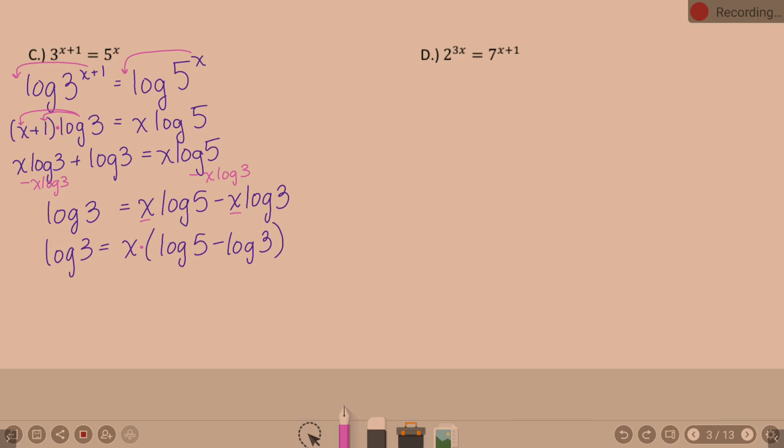If it's x times something, how do you get x by itself? Divide by something, right? The opposite of multiplying by something is to divide by something. What was the something we're multiplying by? That is the log 5 minus log 3. Now, I am going to put it in parentheses because it's two terms. But we're going to divide by the quantity, log 5 minus log 3. You can do that. It's in parentheses. It's x times that. That means we're dividing this side by log 5 minus log 3.